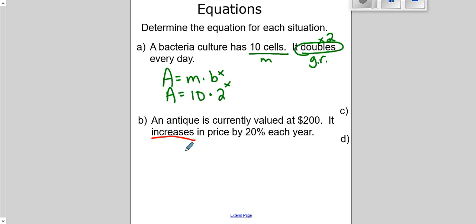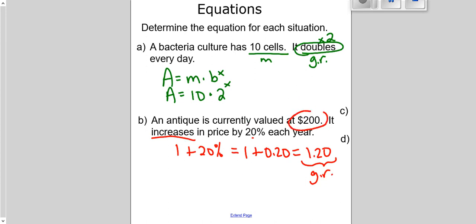If it's increasing by 20%, then we go 1 plus that 20%. The 1 means it's keeping its original value, and then we're going to add another 20% of that value onto it. So of course we can't add these 2 together because 1 is a number and the other is a percent. So I'm going to change that percent to a decimal, which is 0.20. And so this becomes 1.20, my growth rate.